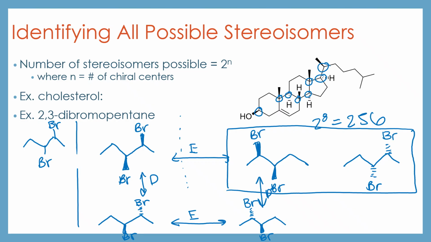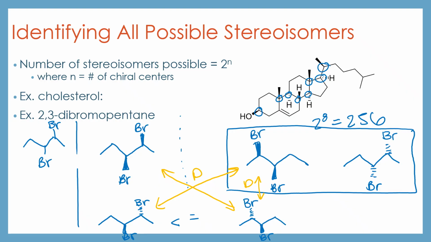And then we also have another diastereomeric relationship going across. So these are going to be diastereomers of each other, and these are diastereomers of each other. So we have quite a few relationships as we draw all of these stereoisomers out. We have diastereomers going in multiple directions. We have enantiomers going across.